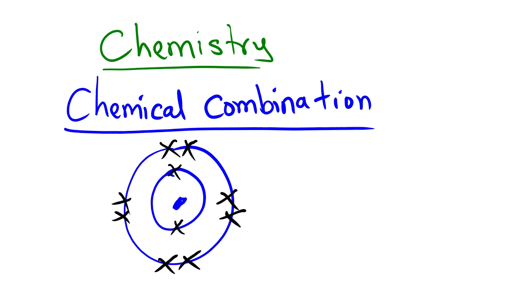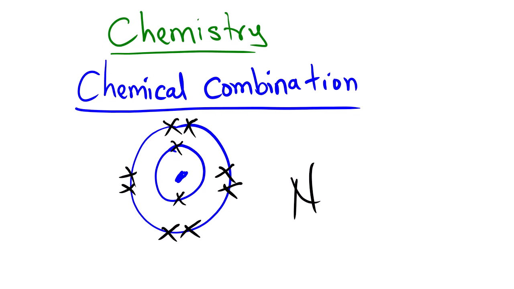So this is the electronic configuration of neon, which is just that the electrons are 10 and the atomic number of this element is 10.